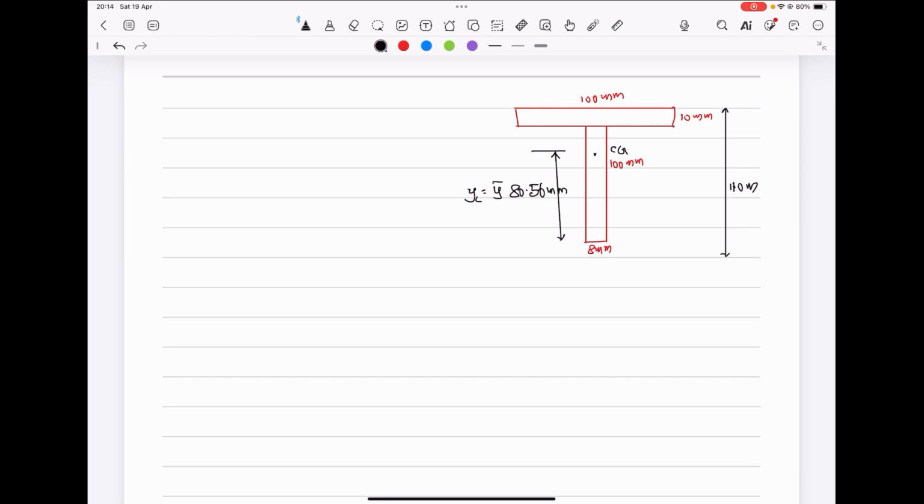Now, this beam we will treat as 1, this beam as 2, flange as 1 and web as 2.